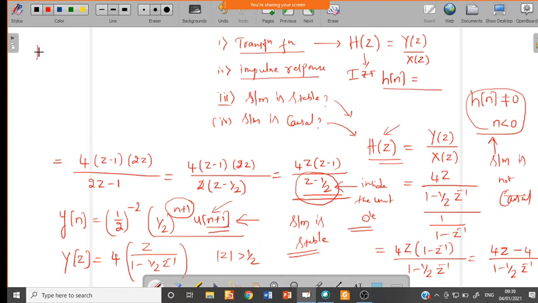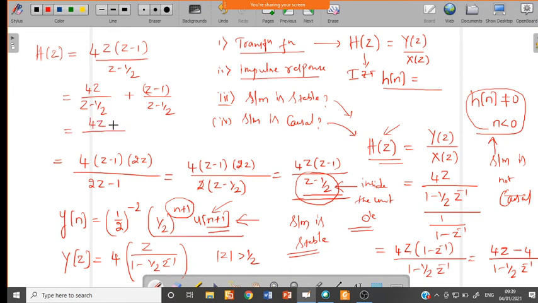Now H of z we got, which is nothing but 4z into z minus 1 divided by z minus half. We can write this as 4z by z minus half plus z minus 1 by z minus half. For this one, we can write 4z divided by z common, giving 1 minus half z inverse.